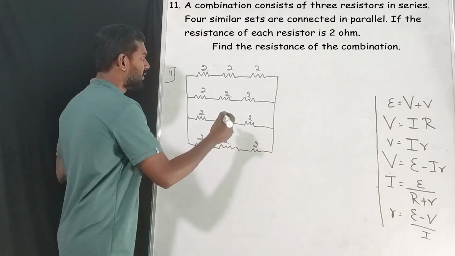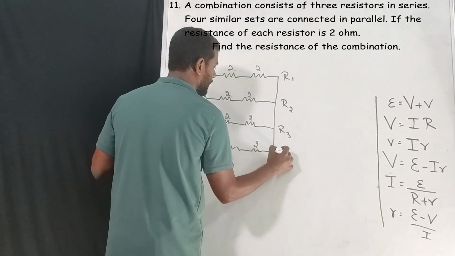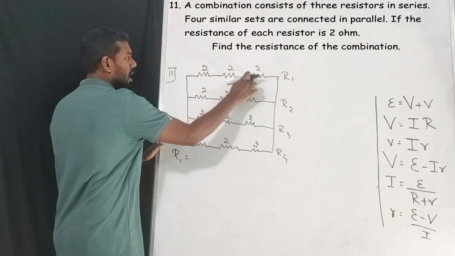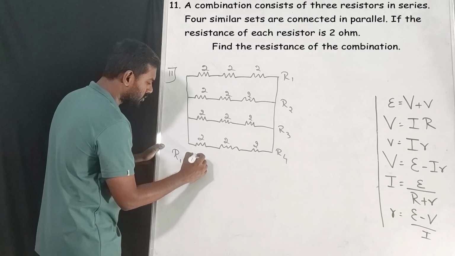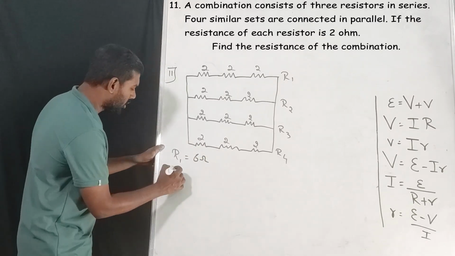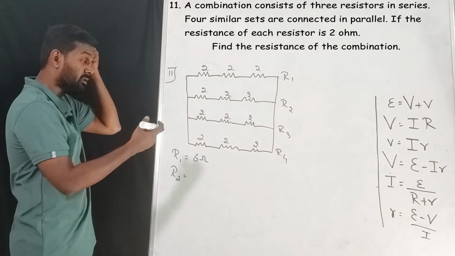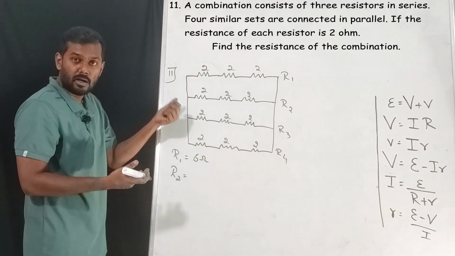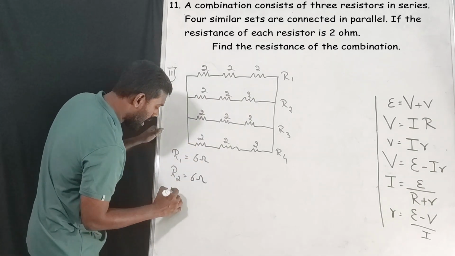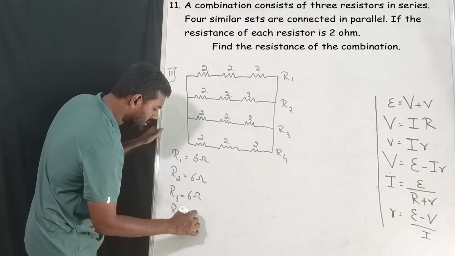Now we'll take these as R1, R2, R3, R4. R1 is all the 3 in series, correct? 2 plus 2 plus 2, so that will be equal to 6 ohm. You can write it directly, because when we see the diagram, we will understand it. So R2 again is 6 ohm, R3 is 6 ohm, R4 is 6 ohm.